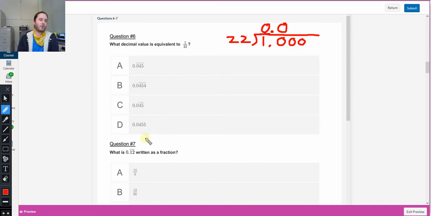It looks like 4 times no matter what. So 4 times 22, that's going to be, I think, 88. So we'll subtract 88 from this. And that's going to give me an answer of 12 if I do all the borrowing, which I am skipping for right now. Bring down this 0.